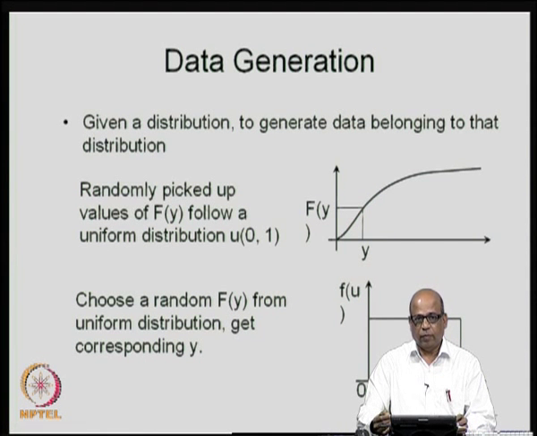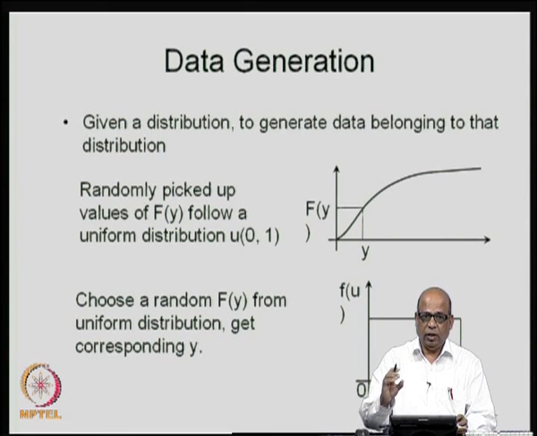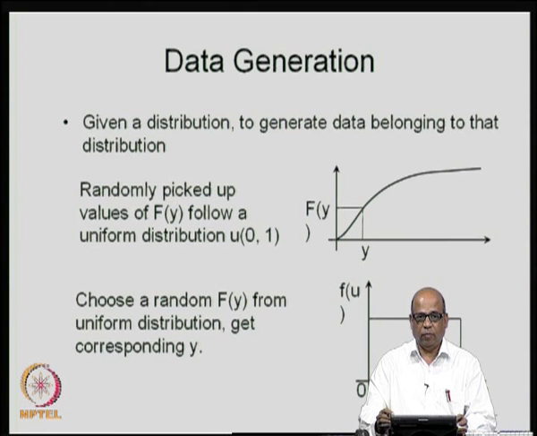In fact, this becomes a very handy result which we use in data generation. Remember, this is irrespective of the distribution. So, as long as you have a CDF, the CDF values themselves follow a uniform distribution in the region 0 and 1. So, we use this result to generate values.